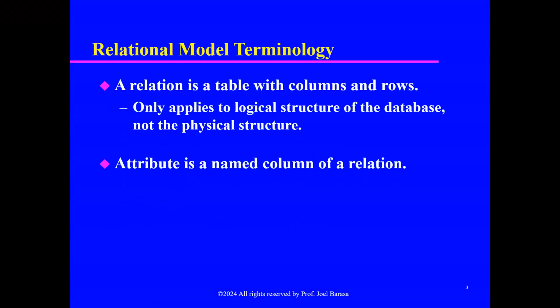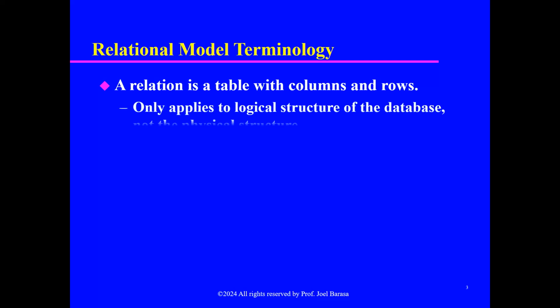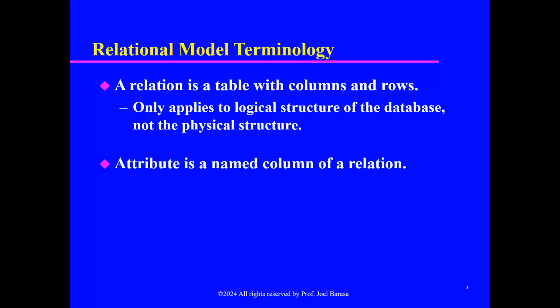So one thing is, what is a relational model? First, a relation is a table with columns and rows. So when asked to define what a relation is, just know that it's a table with columns and rows. They only apply to the logical structure of a database, not just the physical structure. What is an attribute? It is a named column of a relation.